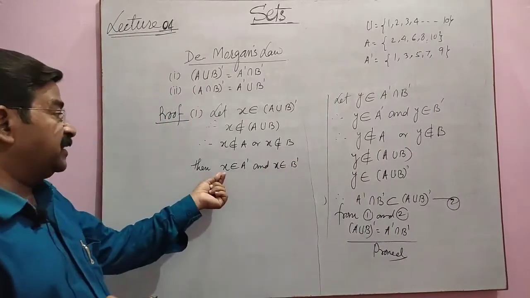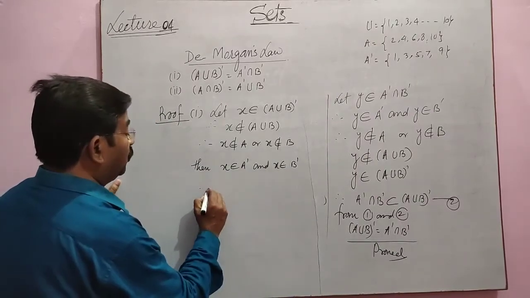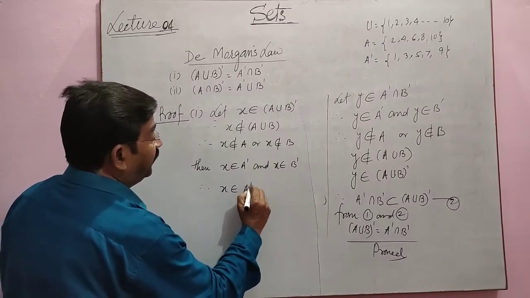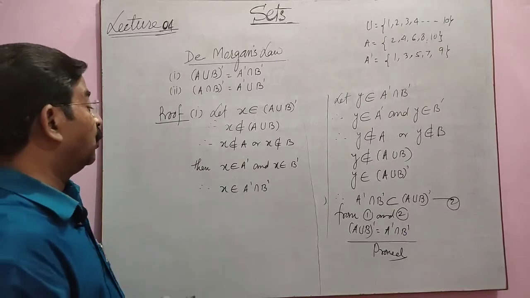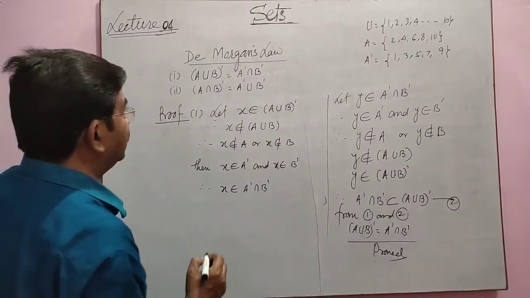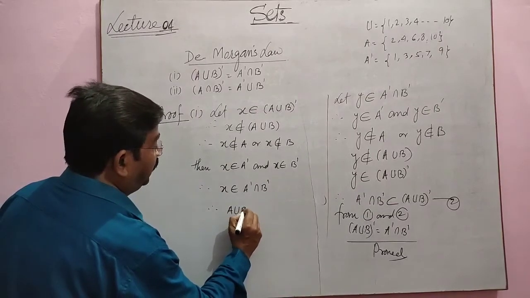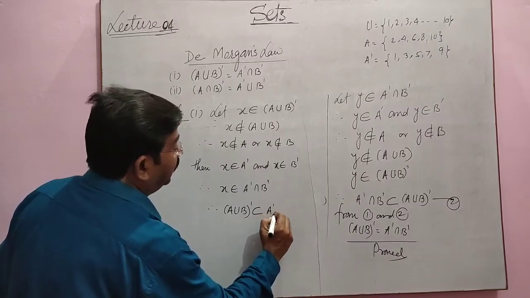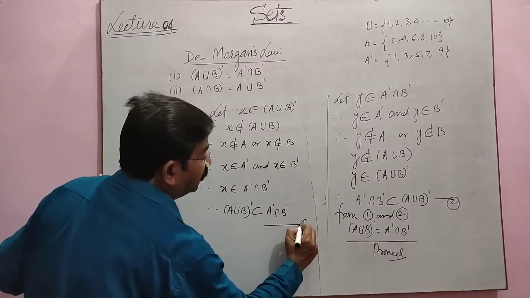So if X is found in both A dash and B dash, therefore X belongs to A dash intersection B dash. It will be common in both. It means we can say that therefore A union B complement is a subset of A dash intersection B dash. This is equation number 1.